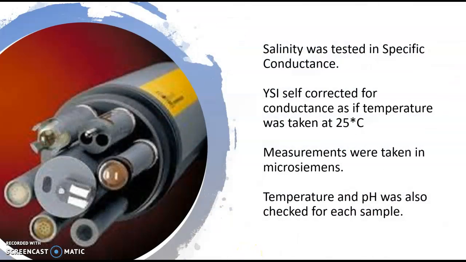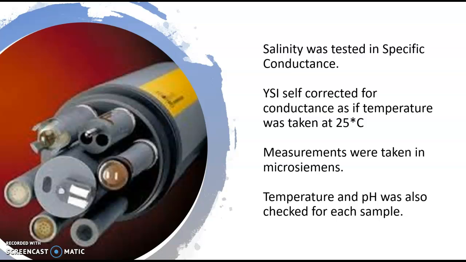I used the YSI multi-parameter water quality tool to check the salinity through specific conductance. I also made sure to calibrate the YSI system before I checked for the microsiemens and for temperature and pH.